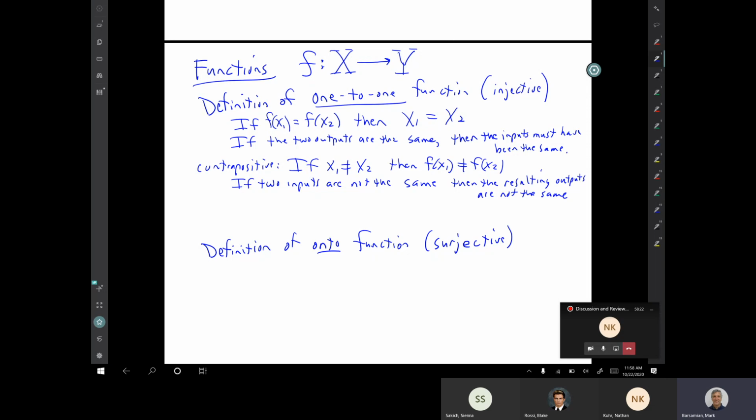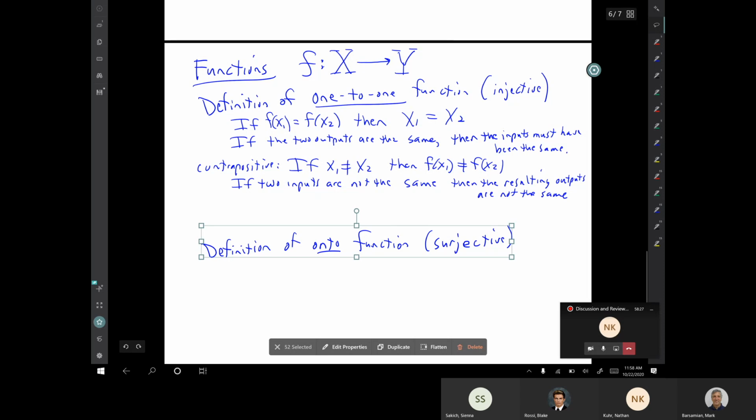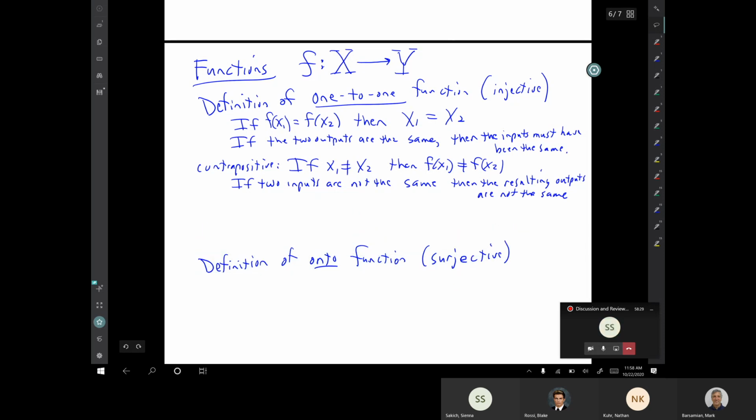Let's go onto. Can somebody tell me the definition of onto? Is that where every output f of x has a corresponding image x that it goes to? Something like that. You're kind of buzzing around the right ideas.